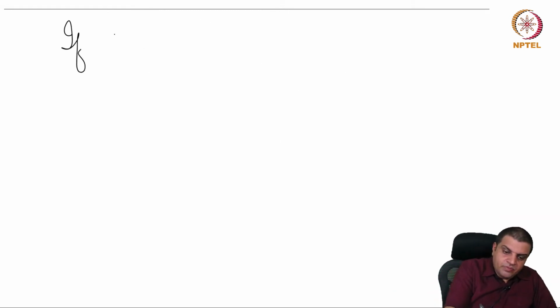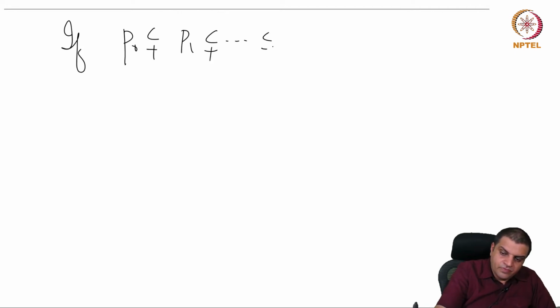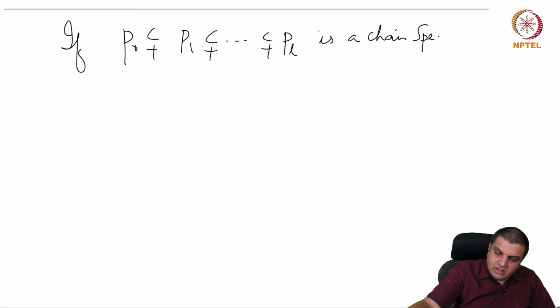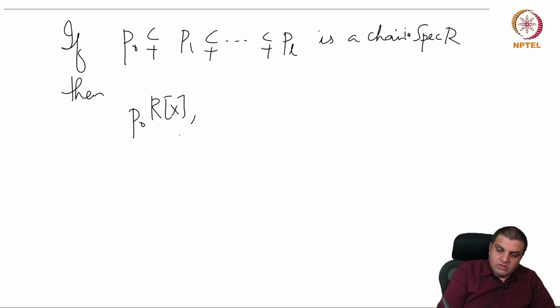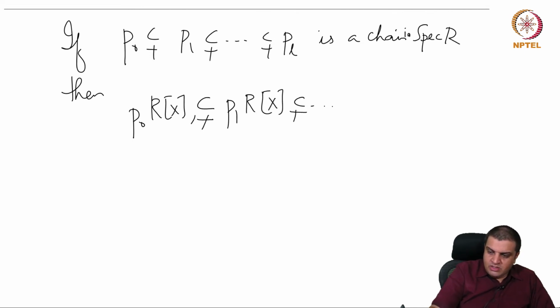If we take distinct primes, a chain of primes P0, P1, up to PL in Spec R, then P0 extended to R[X] will be different from P1 extended to R[X], and so on, up to PL extended to R[X].